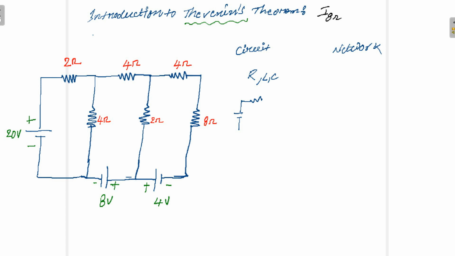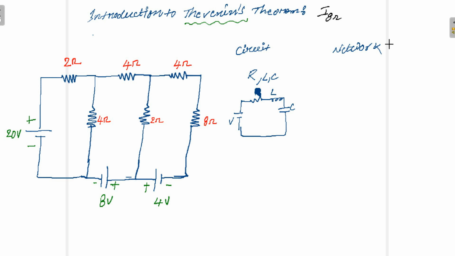For example, if I consider like this, this is called a circuit. This is your resistor, inductor, capacitor, some voltage or current source. The condition for a circuit is it should contain some elements and there should be a closed path. But a network is a combination of circuits.